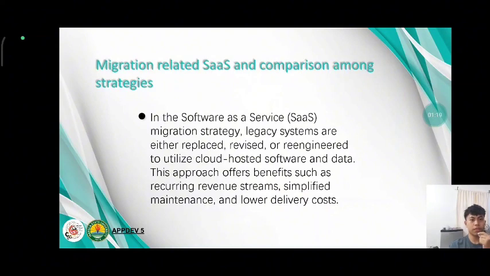This approach offers benefits such as recurring revenue streams, simplified maintenance, and lower delivery costs. In short, old and local software gets replaced with online services. An example of this is moving from a local email server to Gmail, and this provides benefits like lower cost and easier maintenance.